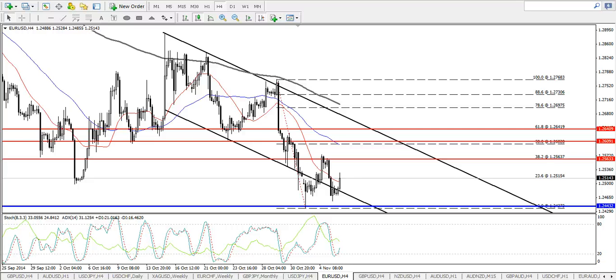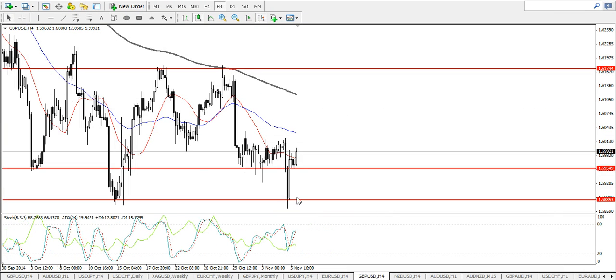So the key thing is whether the ECB is going to expand further on the monetary policy stimulus, or rather their balance sheet. If that happens, then of course we'll see the euro fall even further, and if not, we might see some retracement for tonight.